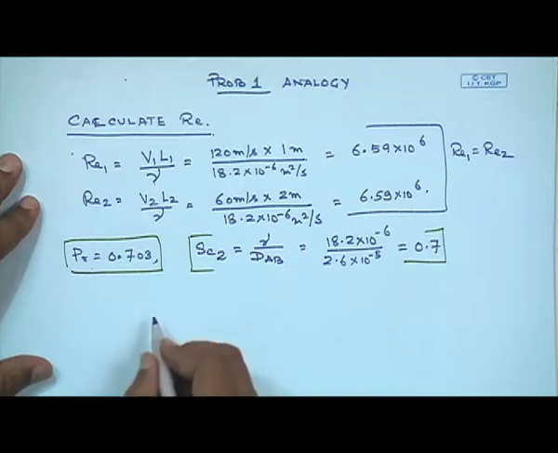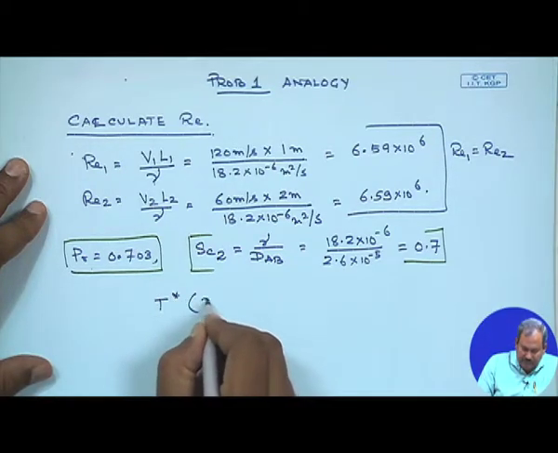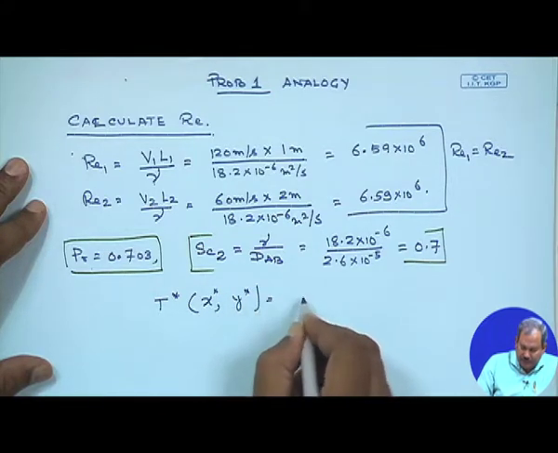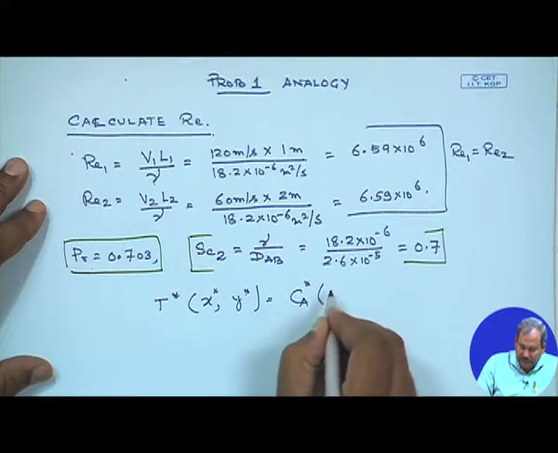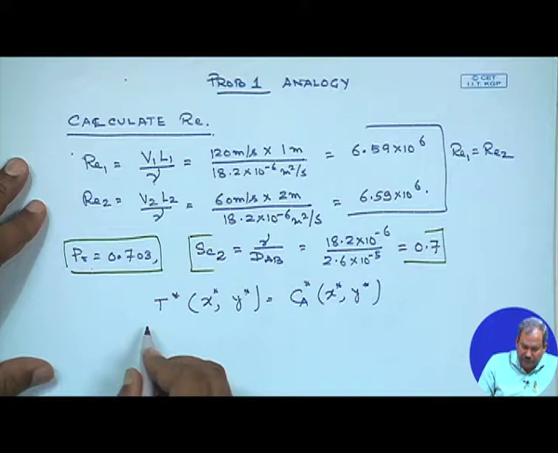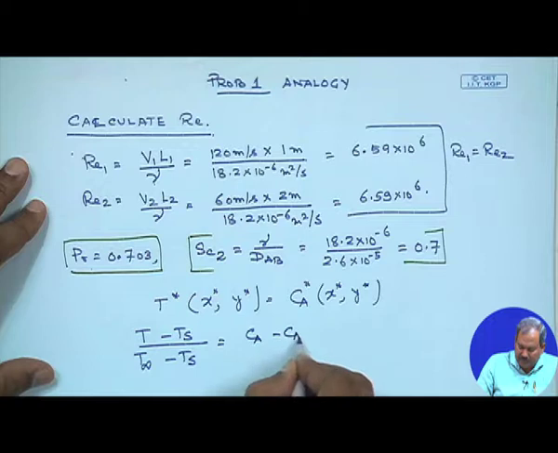So, therefore, T star, the dimensionless temperature at given locations, must be equal to CA star at X star, Y star. And how we define T star is T minus Ts, the surface temperature, by T at infinite distance minus Ts, is equal to CA minus CAs by CA infinity minus CAs.